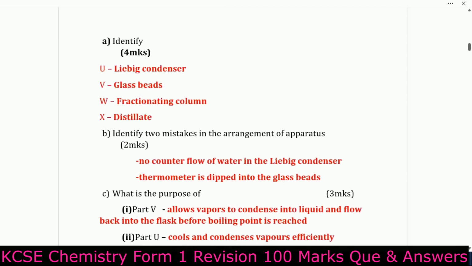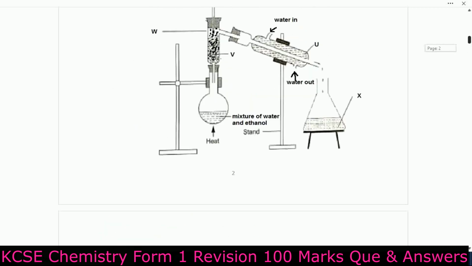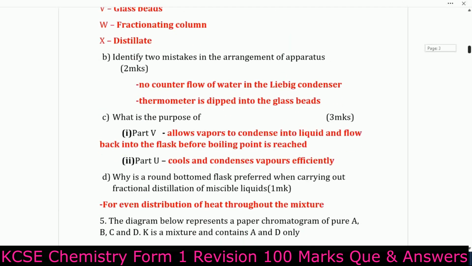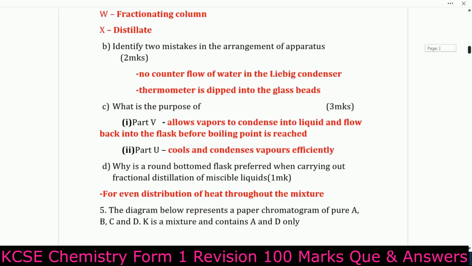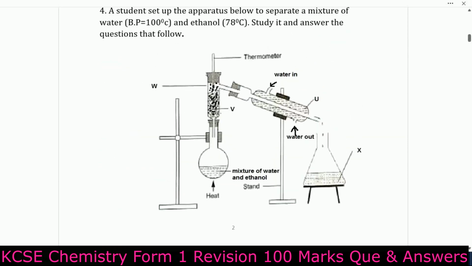Number B, you are told to identify 2 mistakes in the arrangement of apparatus. What mistake did they make? Number 1, no counterflow of water in the Liebig condenser, and then the thermometer is dipped into the glass beads. You can see water is supposed to come the other way around.